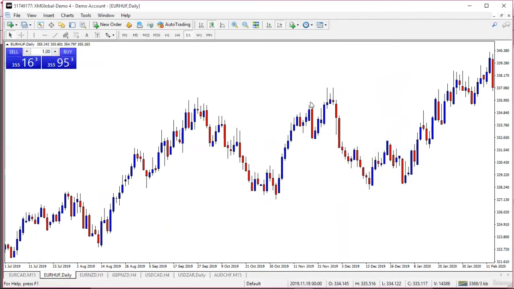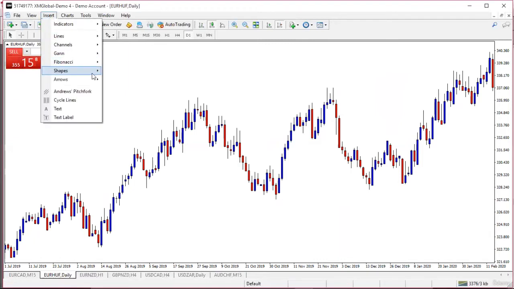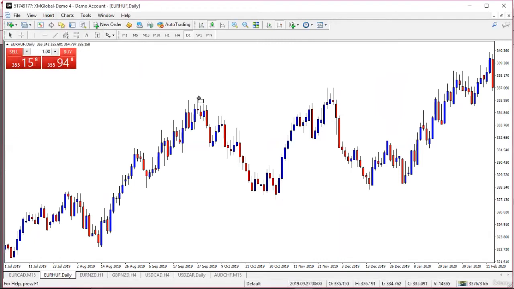Double top. This is leg one, top one, neckline, top two, but the highs are going up. And you probably would have thought this was going to be a good example because it was rejecting on that previous resistance there at the top.